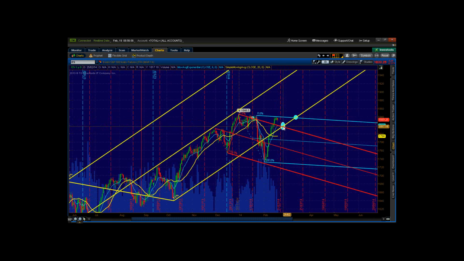We do have this energy point still due on or about the 25th, 26th of the month down here at the 1817 area, so we're still within range of hitting it. A test of the 9 EMA and the upper line of the downward sloping fork will take us down into that 1820 level. If we break out of this fork, you've got to look for this blow off top that we've been talking about as a possibility.